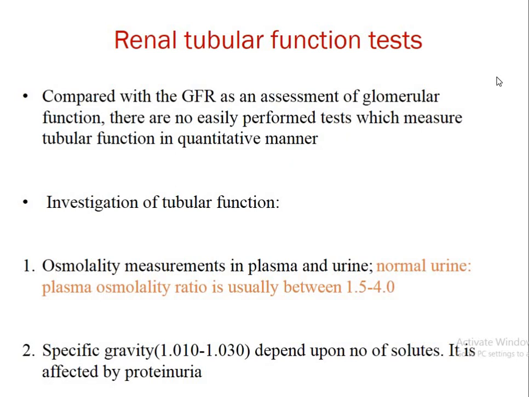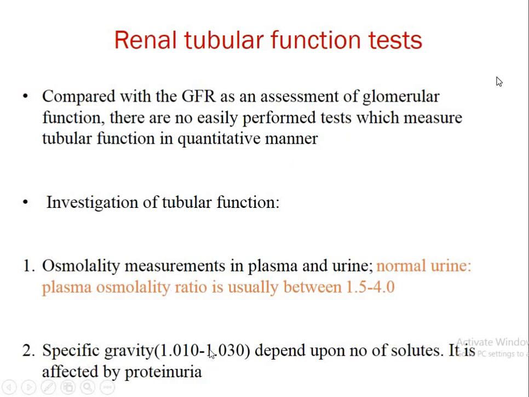In certain dehydration conditions, when you are walking at 40 degrees Celsius and there is no water available to you, the kidney will tend to preserve water for you, and the concentration of solutes in urine will be very high. So depending on the level of dehydration, it can go to 4 times the osmolality of the plasma.